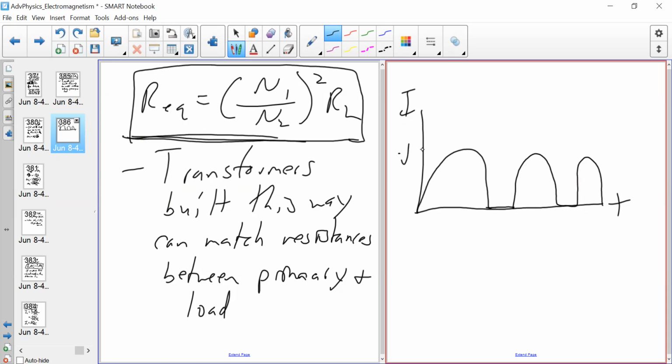This is the so-called positive direction. So that's going to do it.